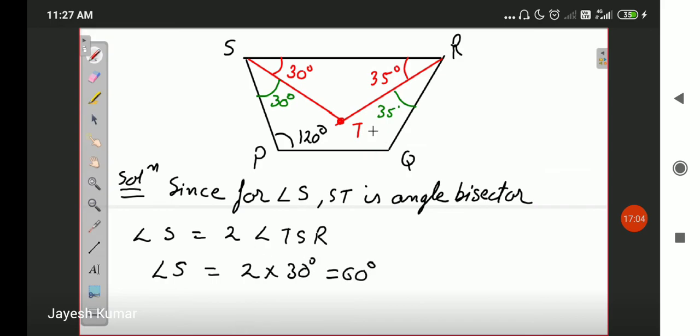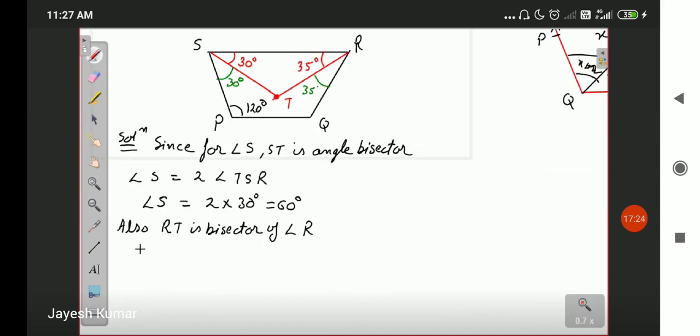Okay, and similar sort of thing I will say for angle R also. RT is bisector of angle R. That will mean that angle R should be equal to twice of angle TRS. This will be 2 into 35 degree, that is equal to 70 degree.